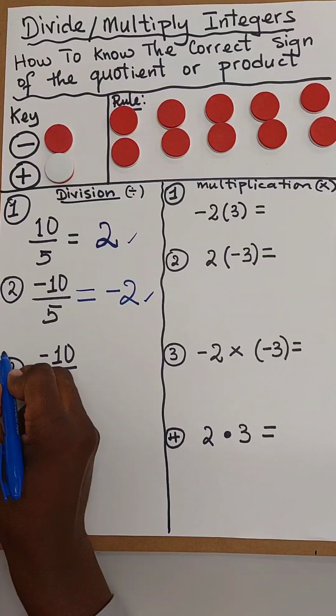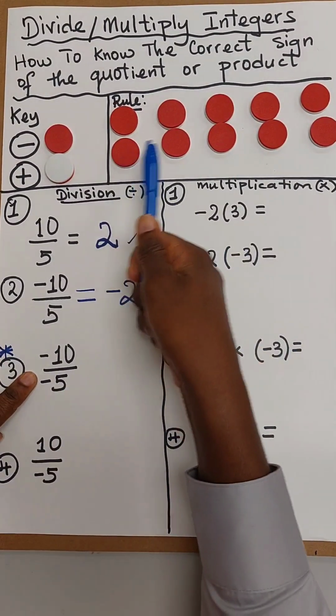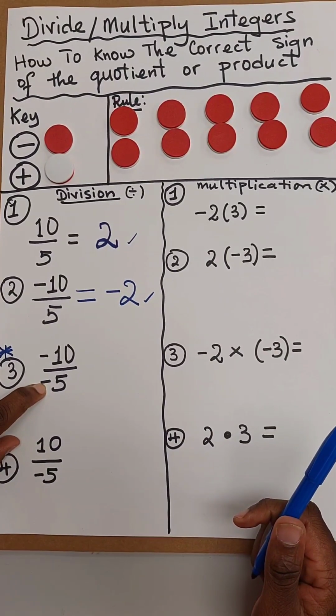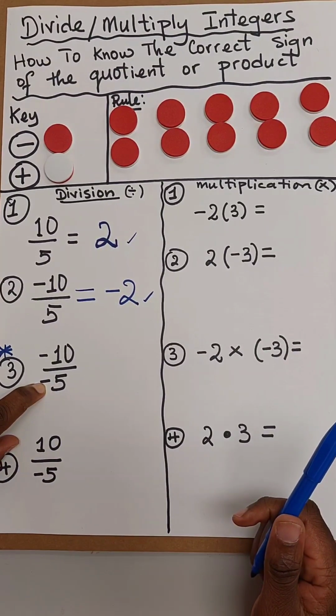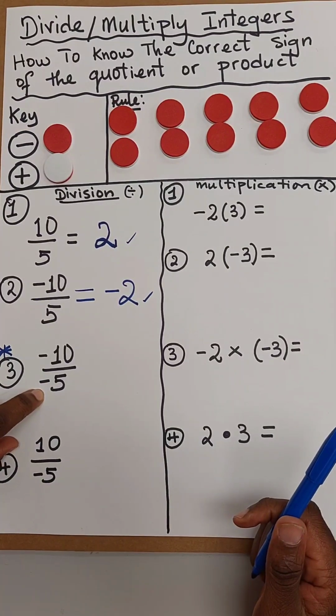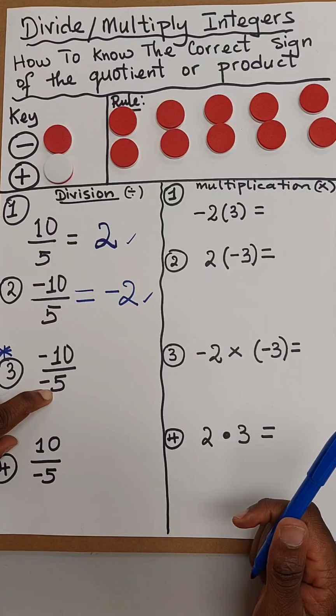This is where you want to pay attention. We have our 10 red chips there, but this time we're dividing by negative 5. This is where the weird stuff comes in. We don't divide by negative numbers, because dividing by a negative number, from the concept of a negative number, means you are owing.